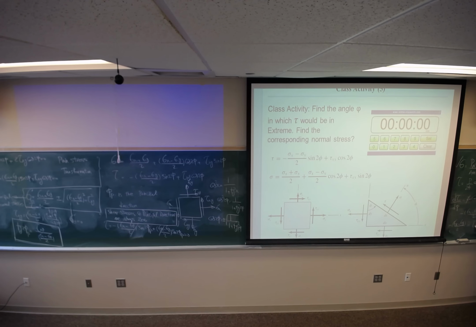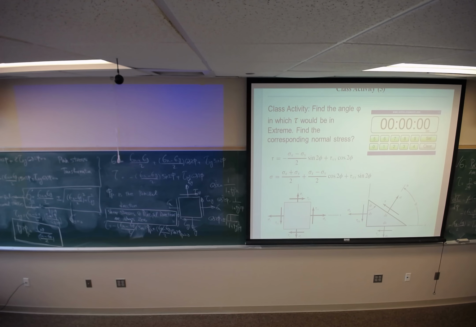Tau xy sine of 2 phi over cosine of 2 phi. Sine divided by cosine is going to be the tangent. So for the tangent of 2 phi, I use the letter S to represent the shear, the extreme value for the shear.